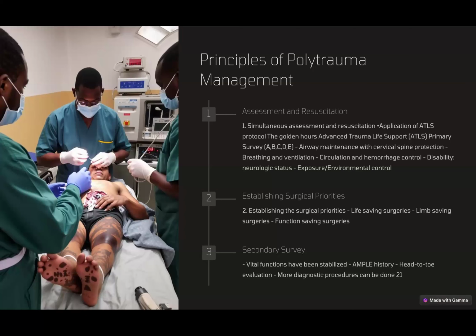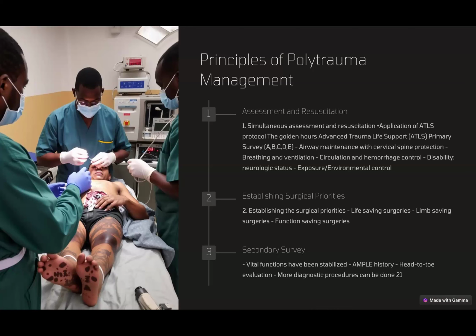Then for the next letter, D, it stands for disability. So here you try to identify threatening conditions like traumatic brain injury. So here's where you calculate the GCS of the patient, assess the pupillary light response and the motor and sensory functions, and then you start neuroprotective measures.